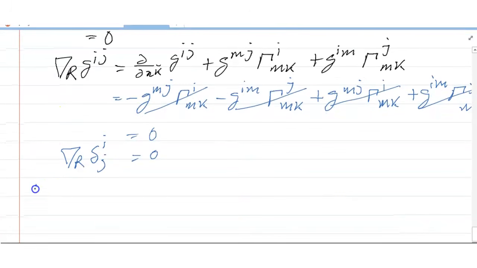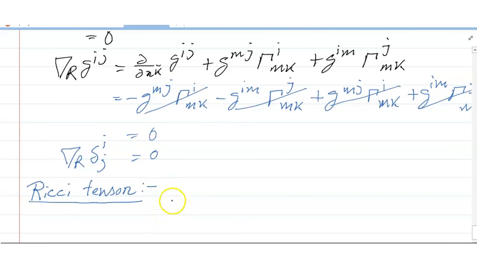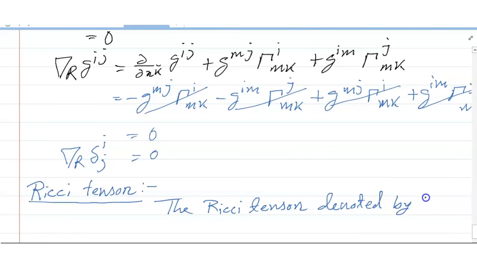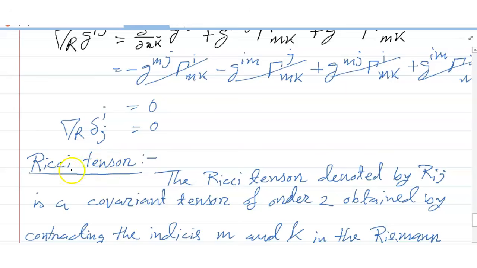Ricci tensor. The Ricci tensor is denoted by R_{ij}. So friends, let's start to discuss Ricci tensors in the mathematical view.